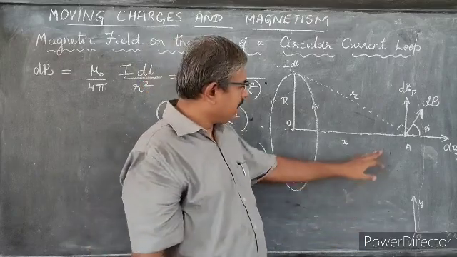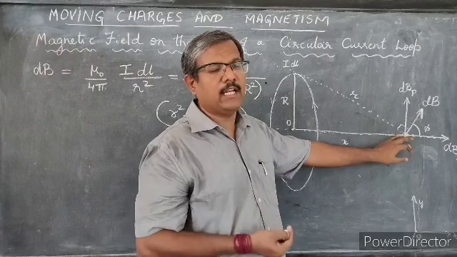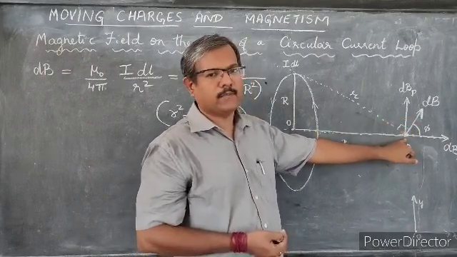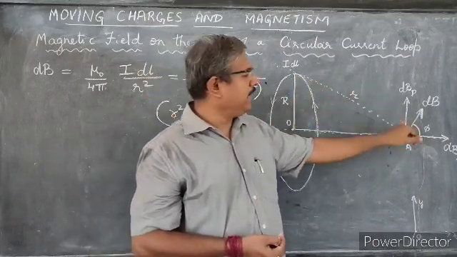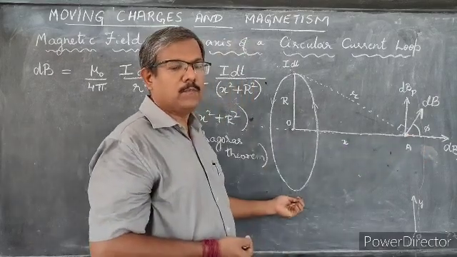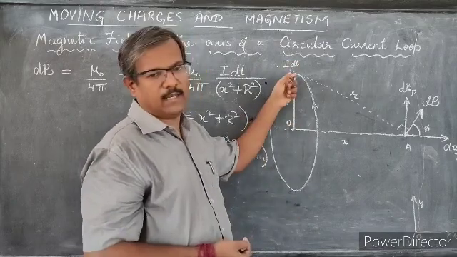Which means the perpendicular component of the magnetic field at this point due to this current element cancels out the perpendicular component of the magnetic field at this point due to the current element which is diametrically opposite to this current element.